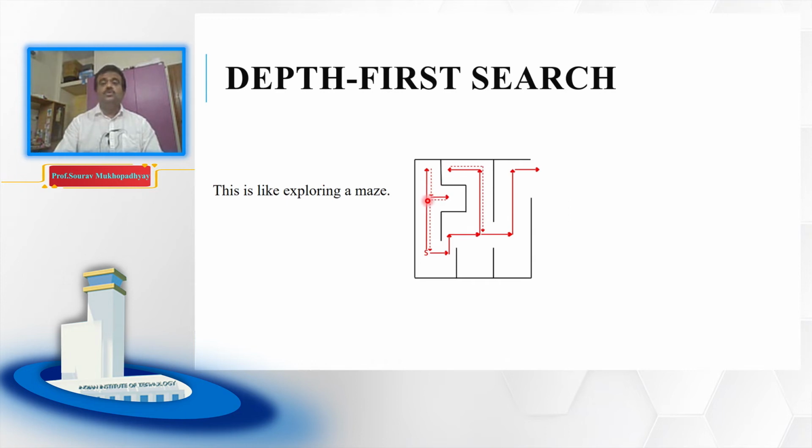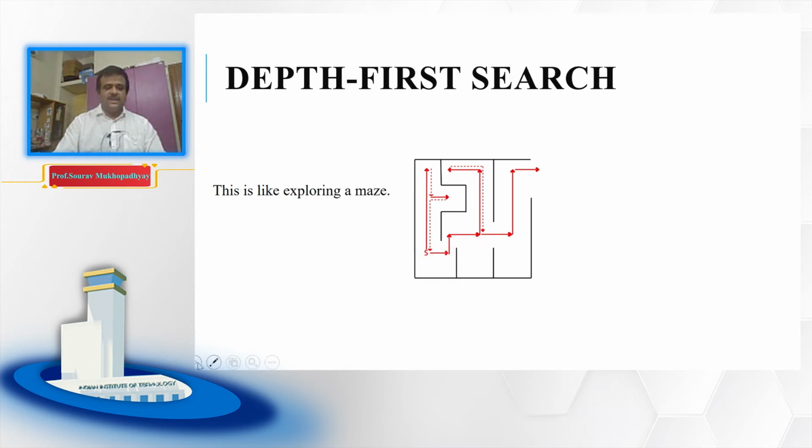So we should have a memory. We come back to the position and take the other path from that position, and follow it until we get stuck. Once stuck, we backtrack again and take another path from that position. Like this we do.